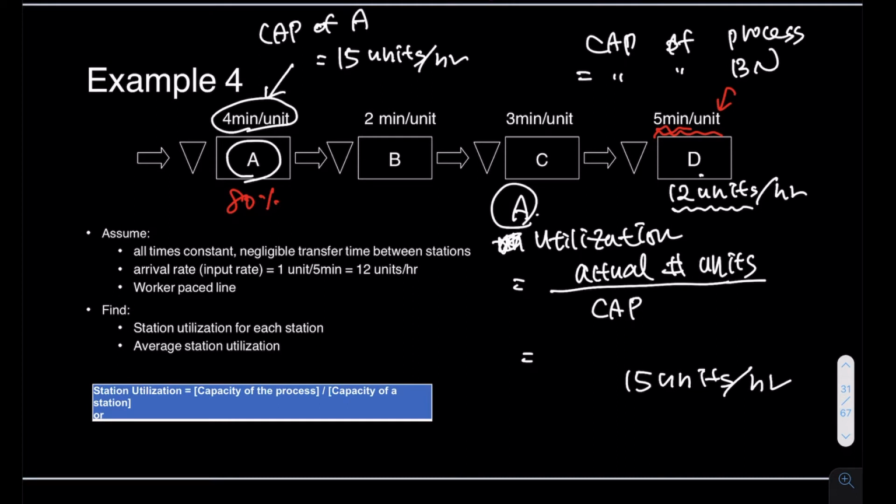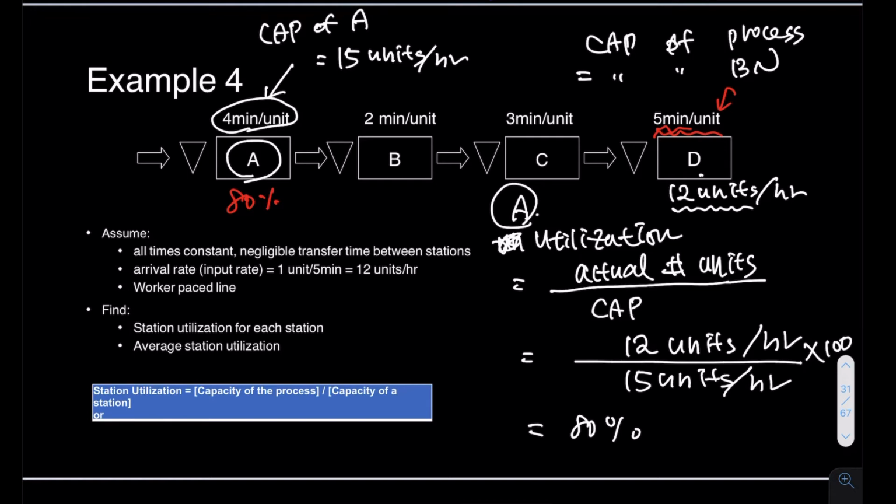Since this is part of a whole process, the actual units you are producing is matched with the capacity of the process. So you have to produce only 12 units per hour. In this case, if you calculate it, you will get the same 80% utilization.